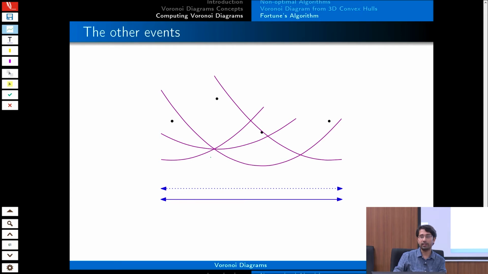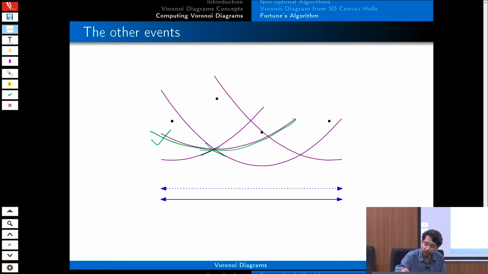That point we call a circle event. That means before this parabola vanishes from the beach line, 3 parabolas will meet at exactly the same point. For example, here this parabola and this parabola meet exactly at one point. After this, this parabola will vanish from the beach line.